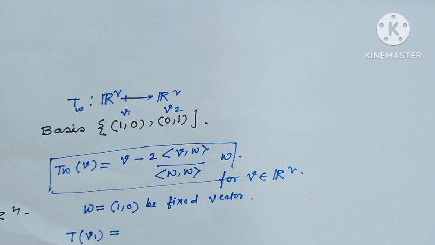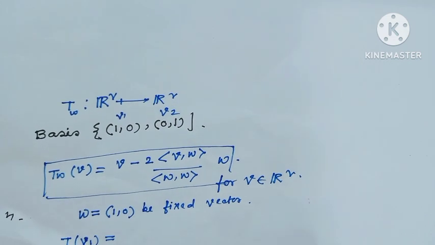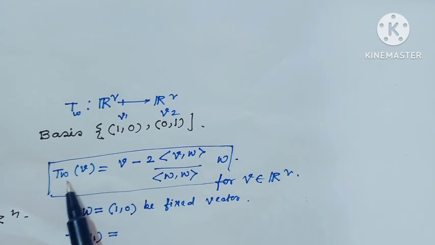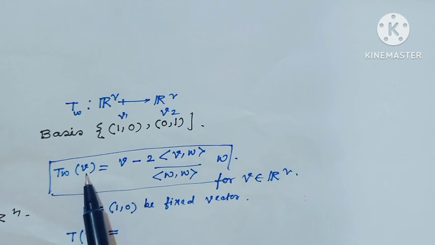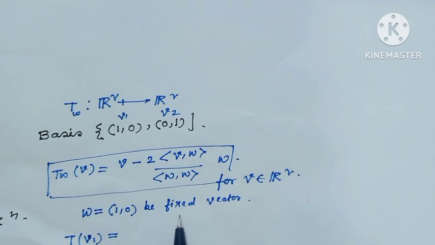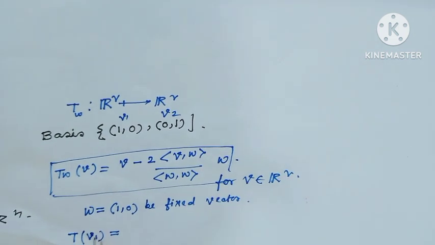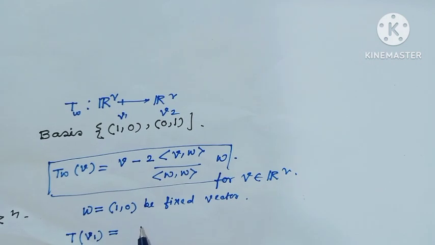For this linear transformation, T_W(V), at first we fix the vector (1, 0).